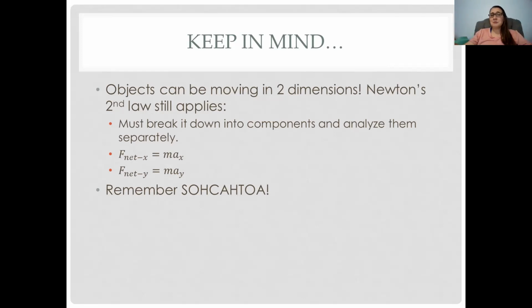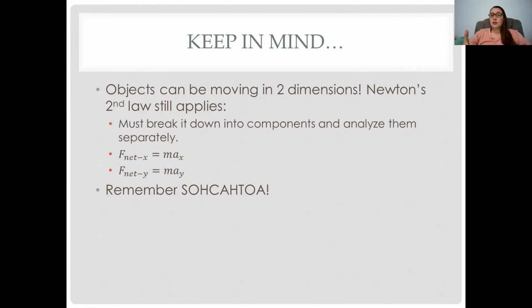So just like we were doing with projectile motion, we have to consider those components or those directions separately. And so we still apply Newton's second law to each direction. Now we just need to specify which forces are in the x direction and which forces are in the y direction, as well as the acceleration in the x direction versus acceleration in the y direction.